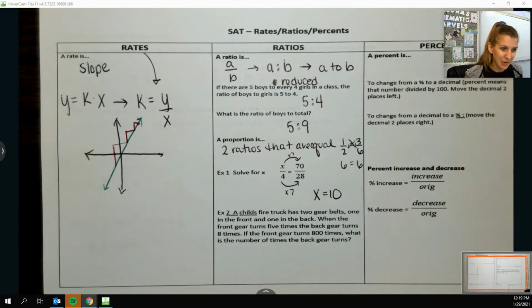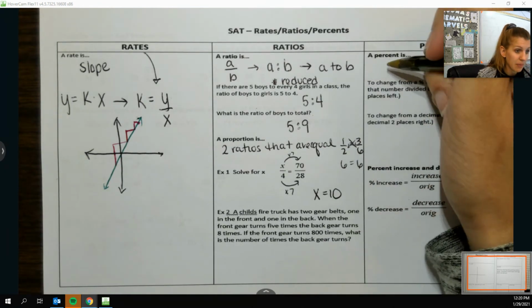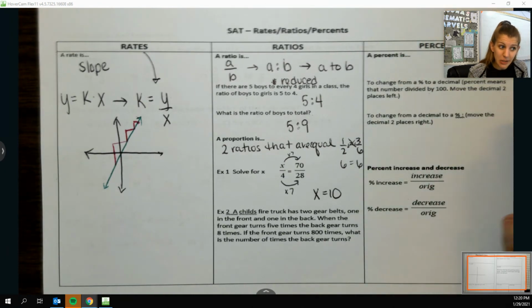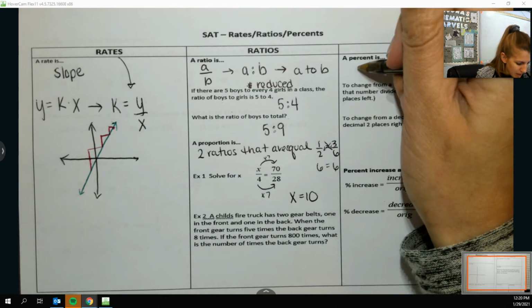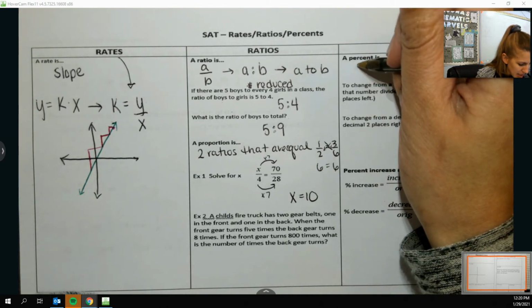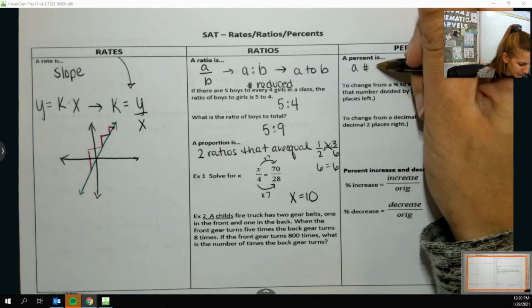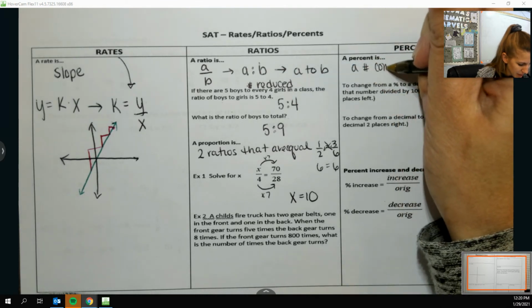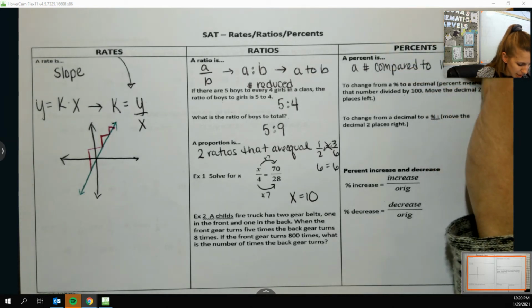Now percent. I have to go back and do that example, but let's talk about percent. A percent is just a number compared to 100, so it's really a ratio that's always compared to 100.